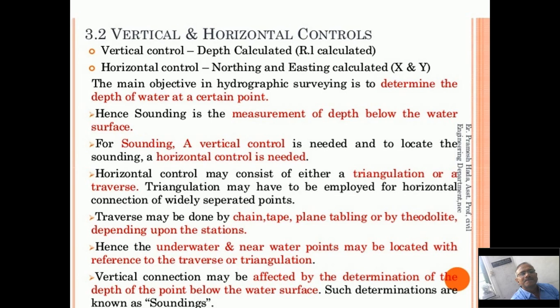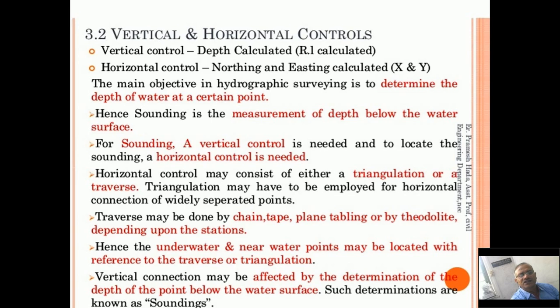The traverse may be done either by chain or tape, or carried out by plane tabling survey or by theodolite, depending on the nature of the stations. But nowadays the chain has become obsolete and plane tables are also rarely used, so you may prefer either the theodolite or the total station, or even GPS can be used. Hence the underwater and near water points may be located with reference to the traverse or triangulation.